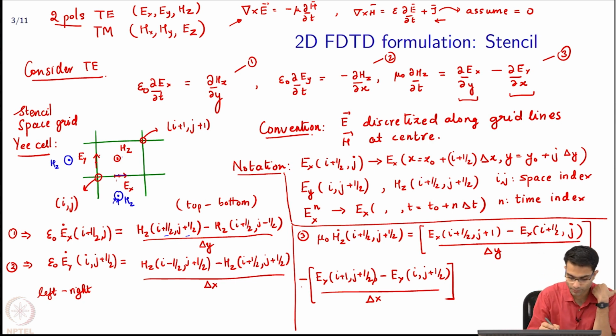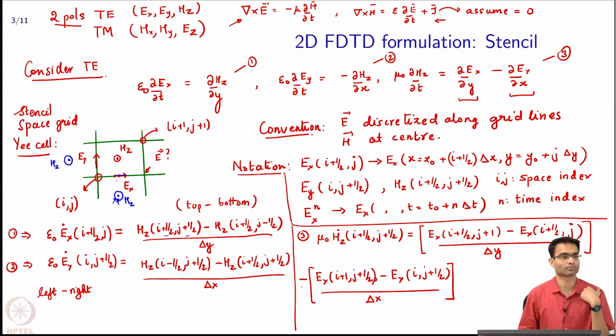Yes. So for example, let's say I'm asking what the electric field is over here, somewhere inside that grid. If I want to find the electric field at this vector, I will take the x component to be the average of this Ex and this Ex.